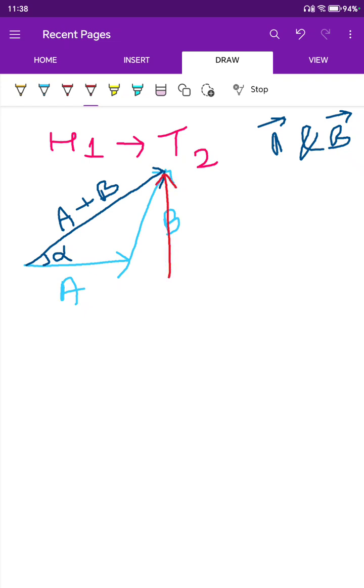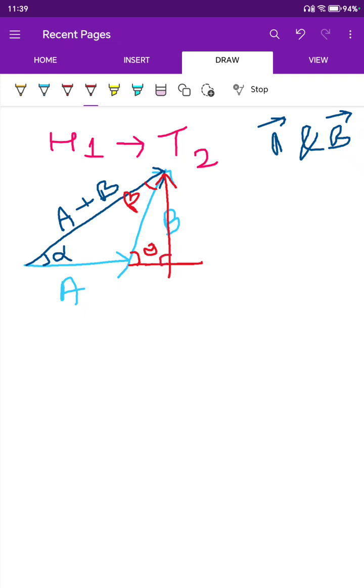So let's name this as theta, and let's name this as beta. This one beta, and this is 90 degree.